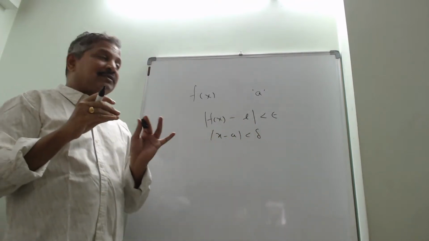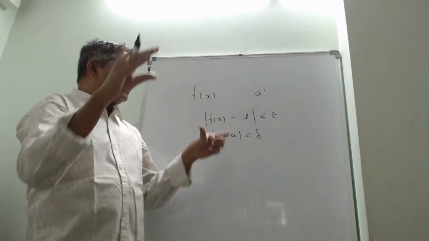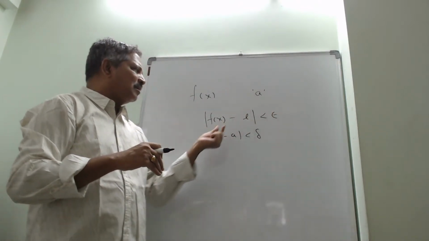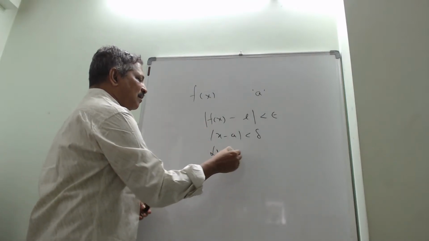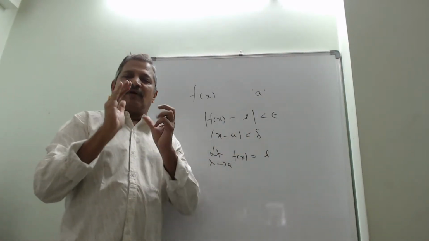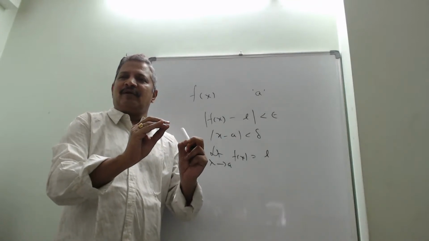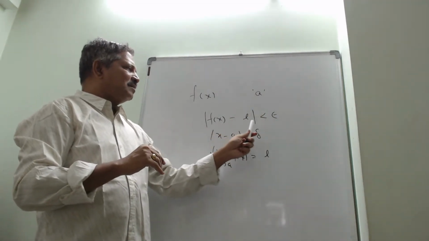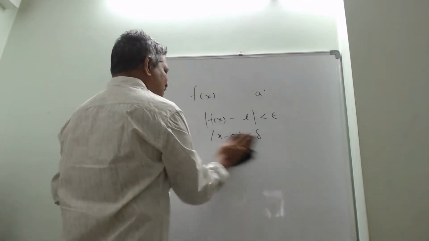As per the definition of limits, if f of x is a function defined over a deleted neighborhood of x equal to a such that modulus of f of x minus L is less than epsilon whenever modulus of x minus a is less than delta, then limit x tends to a, f of x is equal to L. This is the fundamental definition of the limit.